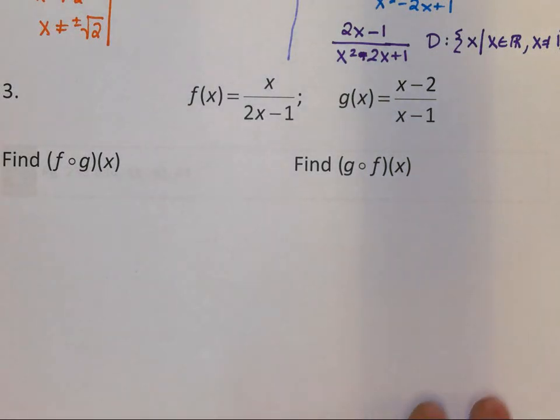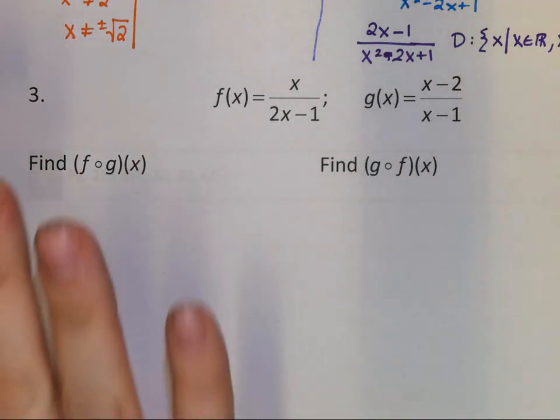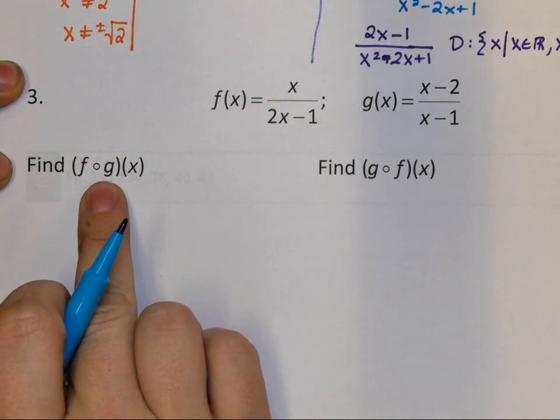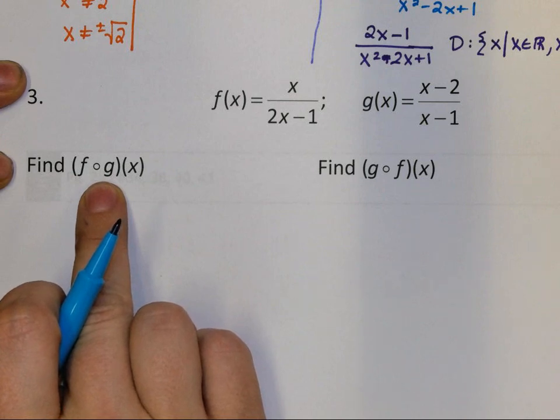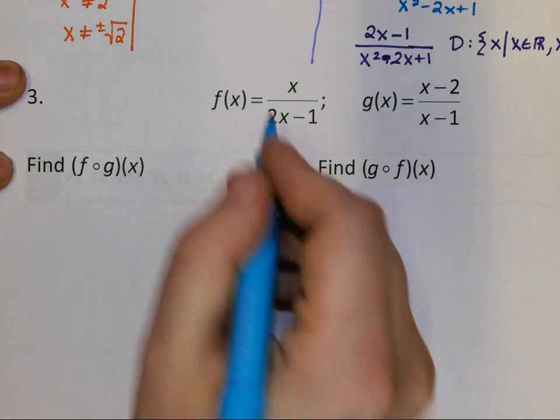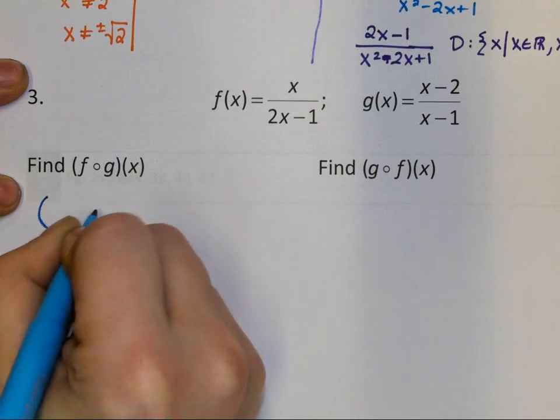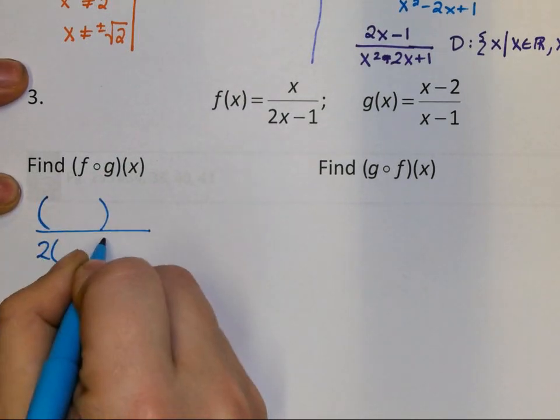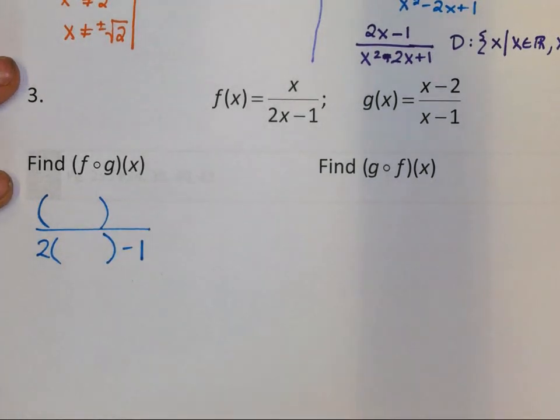All right, so f of g. What am I starting with here? Really not a trick question. What are you starting with? Yes, it's the first letter written, f. So I'm going to start with f, and in the place of each one of my variables, I'm going to put a bucket, aka parentheses.